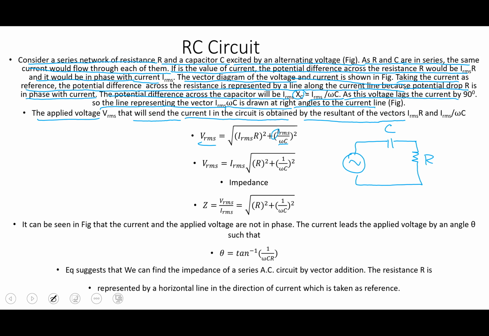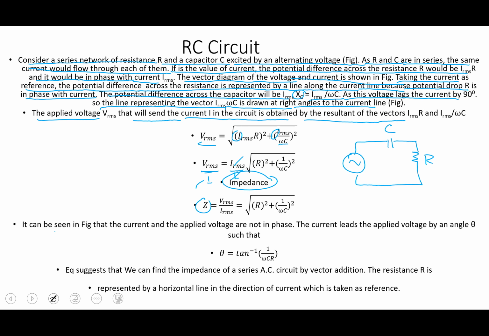If we take I common, we get Vrms equal to Irms times the square root of R squared plus (1 over omega C) squared. To find the impedance, Z is equal to Vrms divided by Irms. So we divide by I on both sides, and it cancels. We get the value of Z, which is equal to the square root of R squared plus (1 over omega C) whole squared.